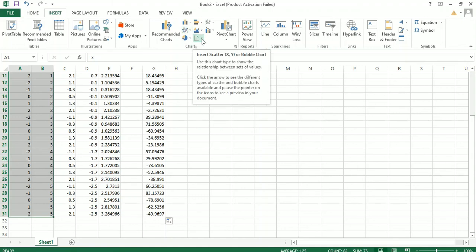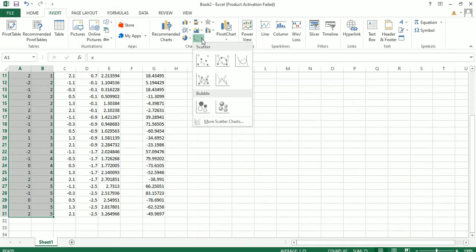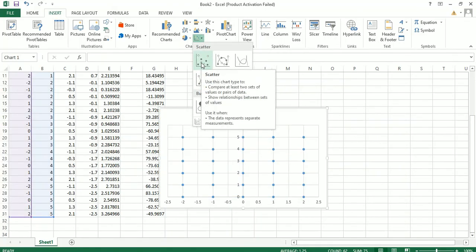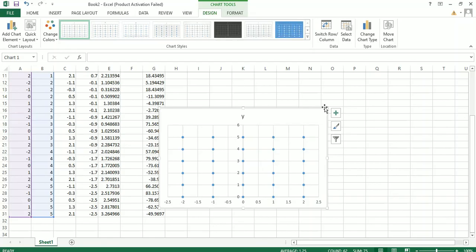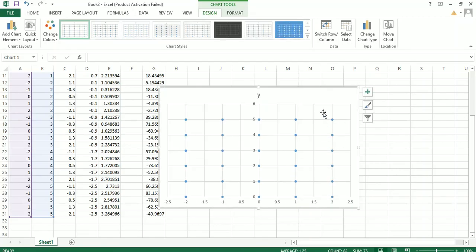The chart section, and you go to the scatter plot side, then we click on the first scatter plot option that you will see. You're going to have this. So this is actually the plot for the x and y value combinations. So this is what you are going to use to plot the vectors, like we did in the manual plotting.